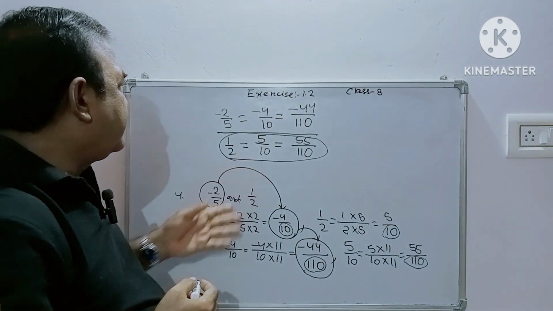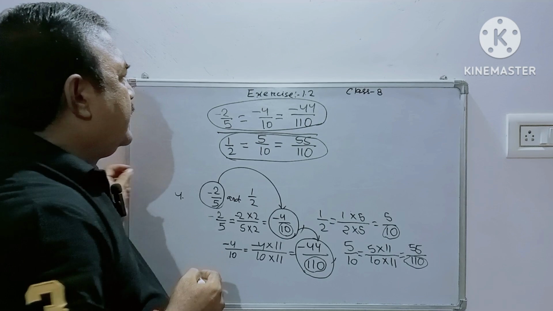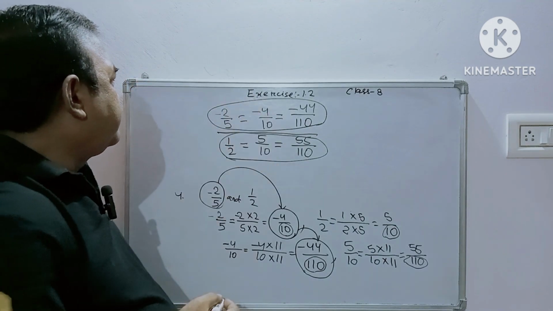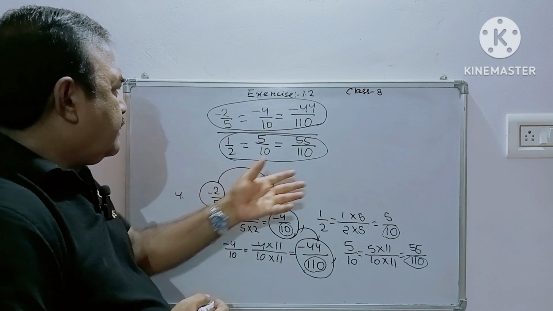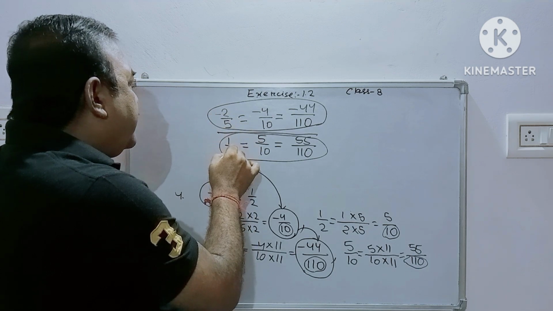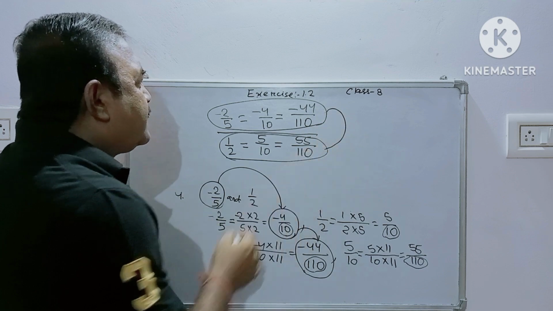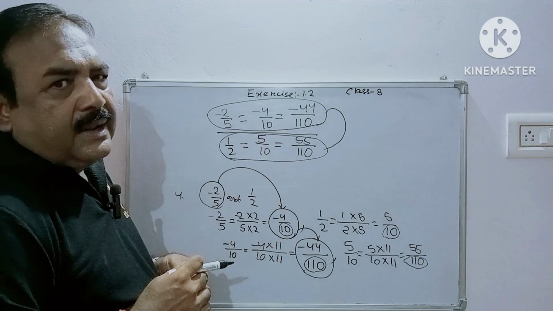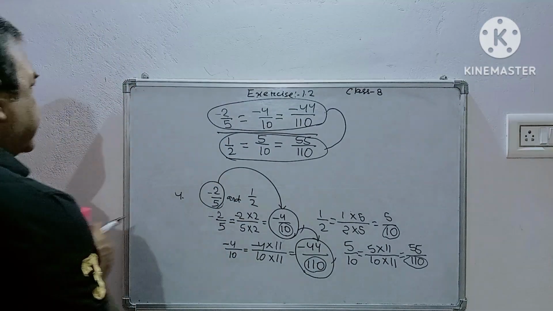The value is the same. So when we are calculating some rational numbers between minus 2 upon 5 and 1 upon 2, we can find them between minus 44 upon 110 and 55 upon 110. So we are doing it like this. Okay? Let's move to the next question.